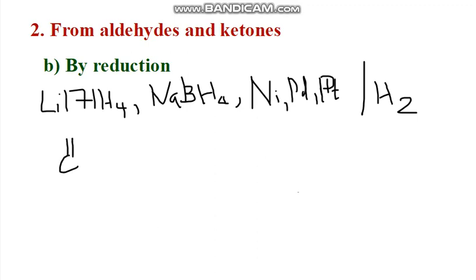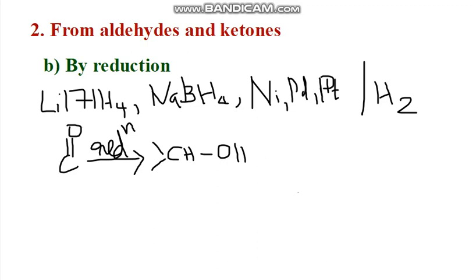In both aldehydes and ketones there is C double bond O. This will undergo reduction in presence of any of these catalysts. Then we will get CH-OH. This C double bond O will reduce to CH-OH.